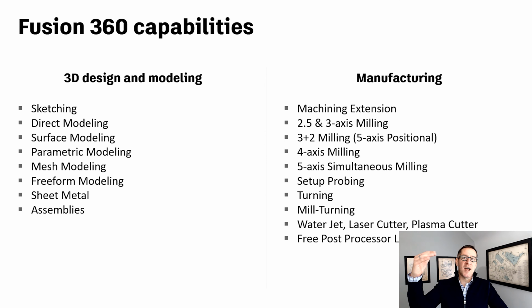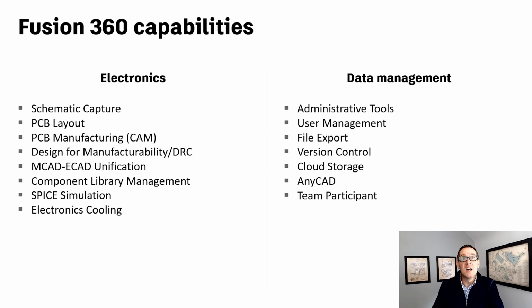This is just kind of a hit list of some of the Fusion 360 capabilities, and I'm not going to read through all of them, but when it comes to design and modeling, it does a really great job with surfacing, direct editing, mesh modeling, amazing jobs there. Obviously manufacturing, there's so much stuff inside of the manufacturing environment, everything from 2.5 to 5 axis, turning, mill turning, all kinds of options inside of Fusion 360.